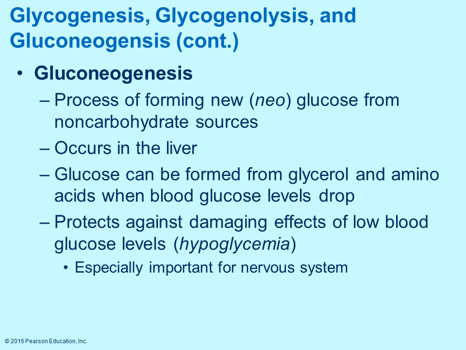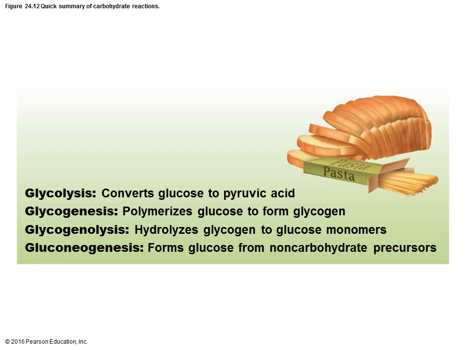It's a way of, okay, we don't have any carbohydrates that we can break down usually to glucose, so what do we need to do? We need more glucose in the blood so we can take from glycerol and amino acids and make it. And this is a summary of these different processes or different steps. Once again, the bottom line is to maintain a relatively constant level of glucose in the blood.